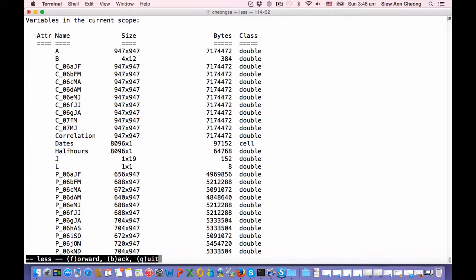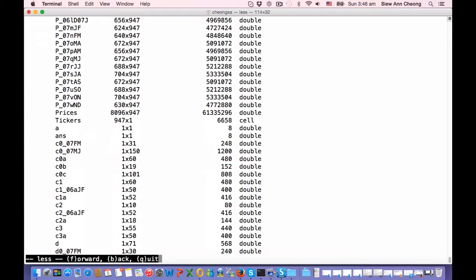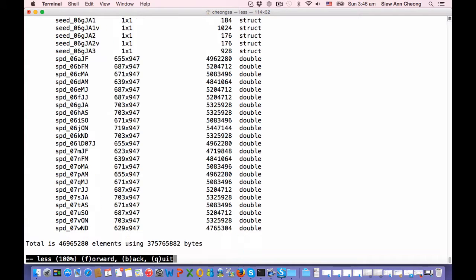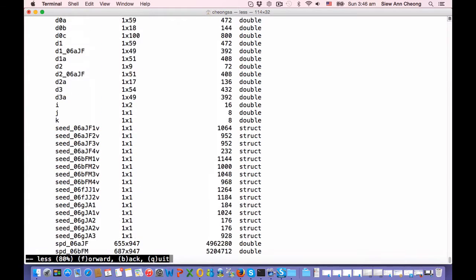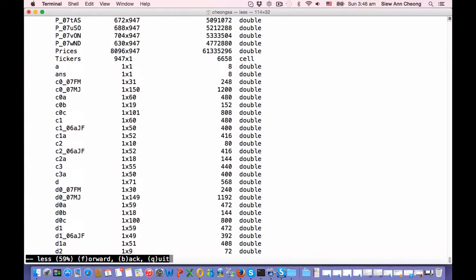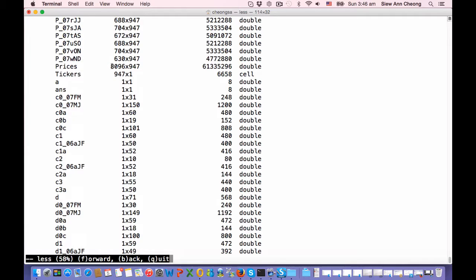Okay, and these are all the variables, so don't worry about most of them. We are only interested in the prices variable, which is over here. So you can see, most importantly, that there are 947 stocks and actually over 8,096 time points.